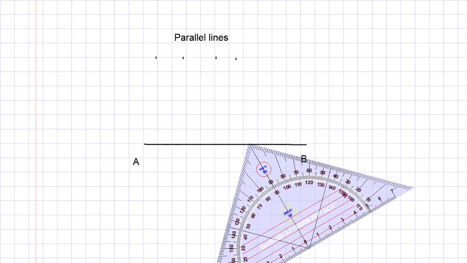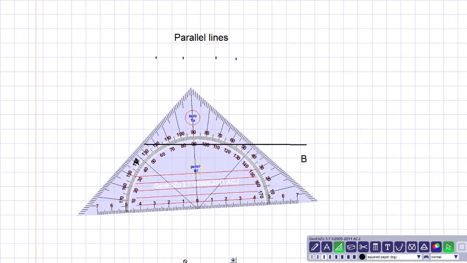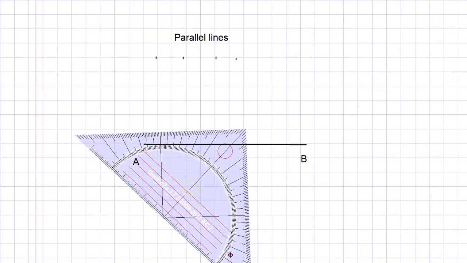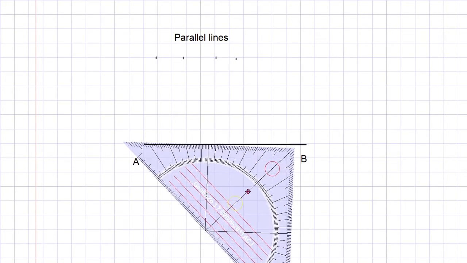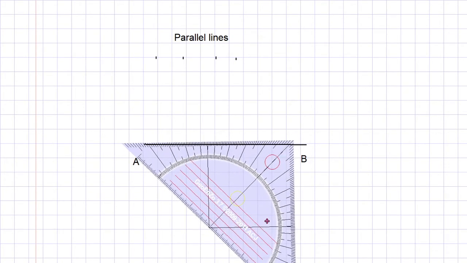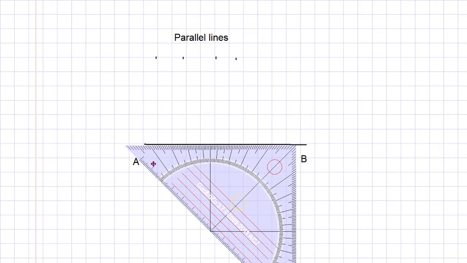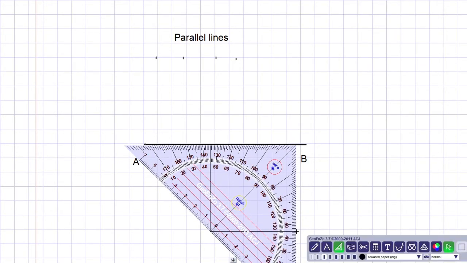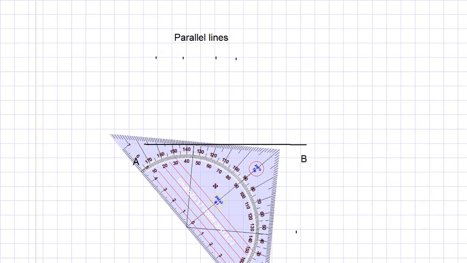So let's get that distance from the other side. With this symbol, I will mark a point there and slide the set square.